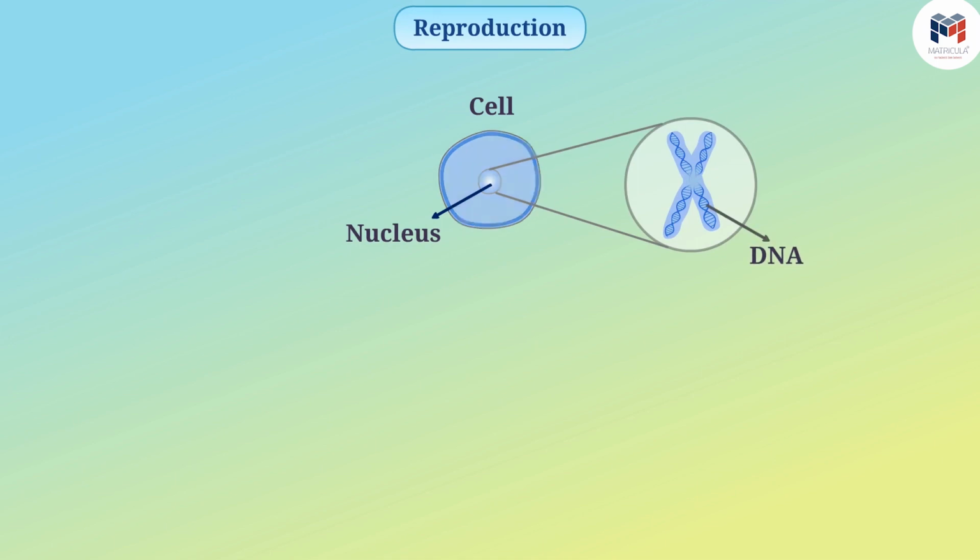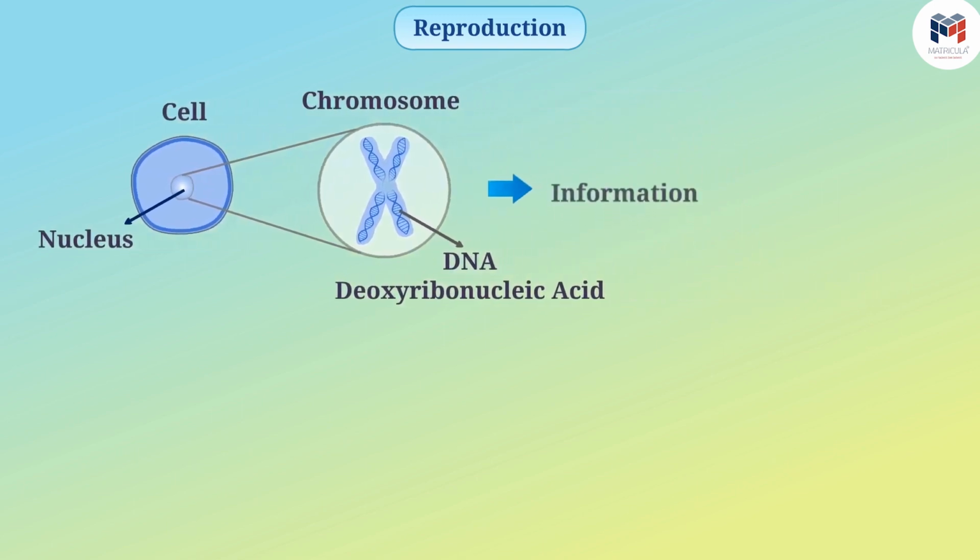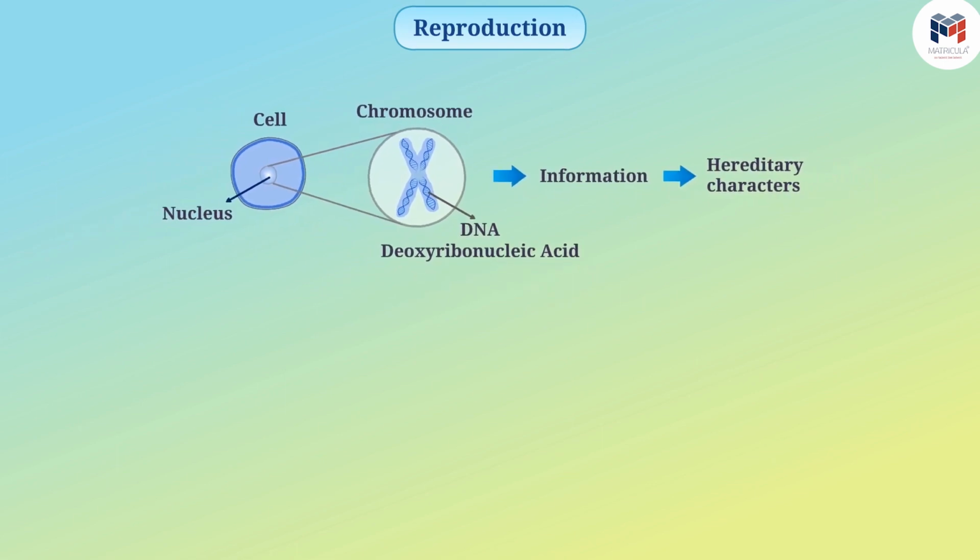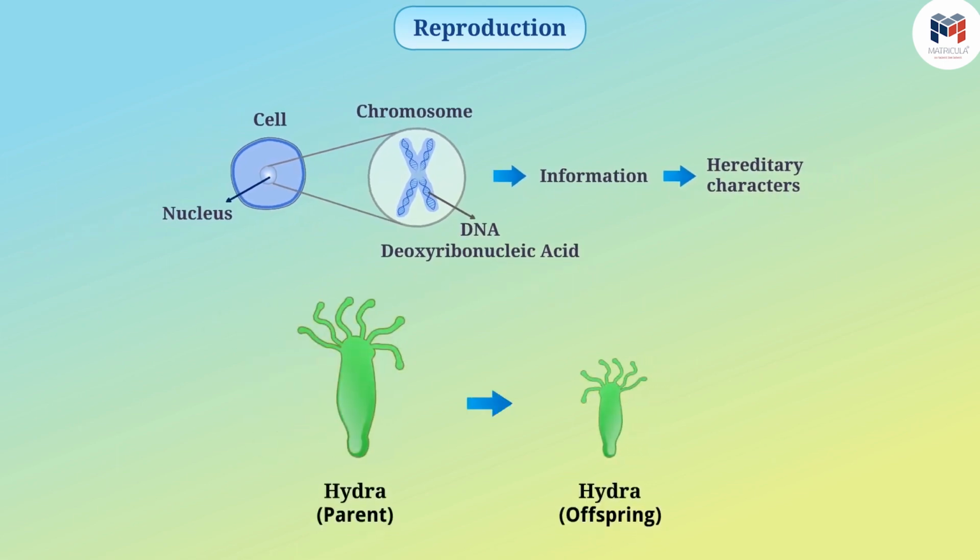Basically, every cell contains a nucleus which is made up of chromosomes. The chromosomes contain DNA, that is, deoxyribonucleic acid, that contains information of hereditary characters that are transmitted from parent to offspring. Because of this reason, the characters of offspring seem similar to the parents, and therefore every organism can produce an organism similar to it.